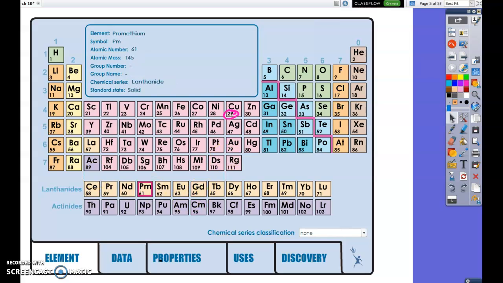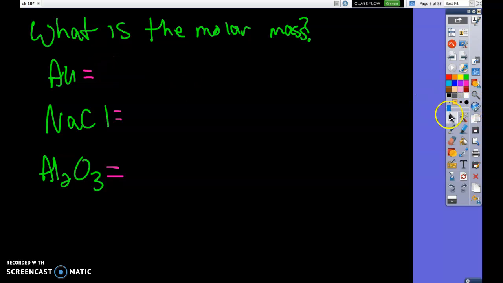So I'm going to go back. So for gold, it is 197. So what that really means is it's 197 grams per mole.